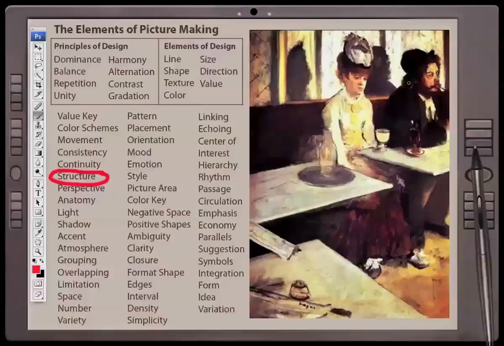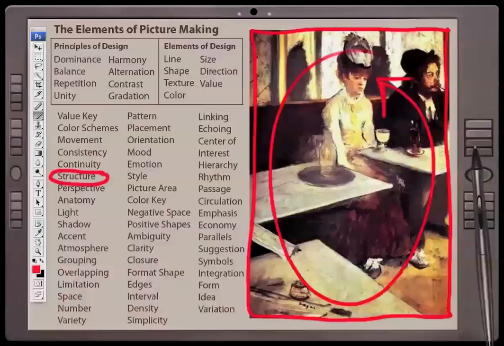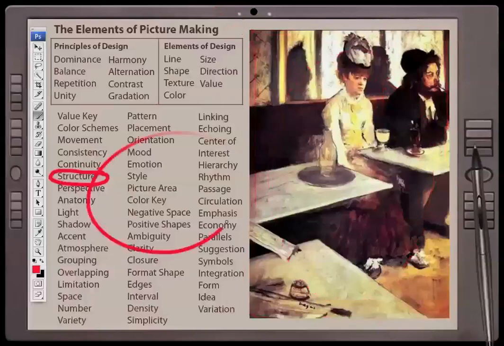And it is established within the picture area, which is the area of the shape on which you're painting the picture. So all of this is the picture area within this shape here, which is referred to as the format shape. So if you look over here, you see picture area, and then down here, format shape.